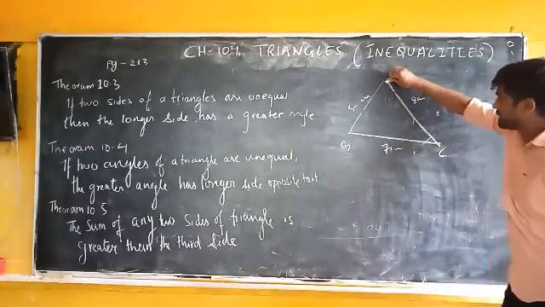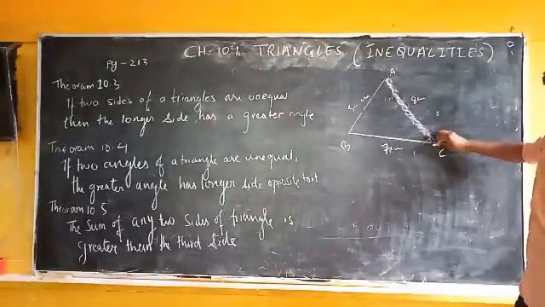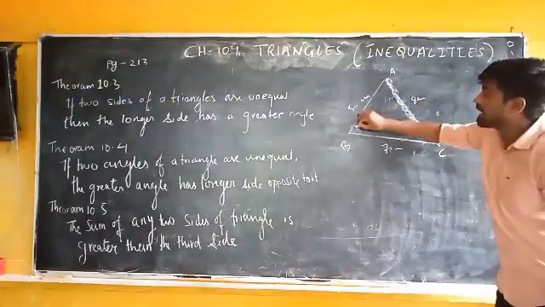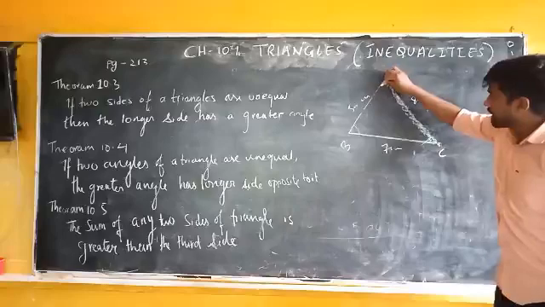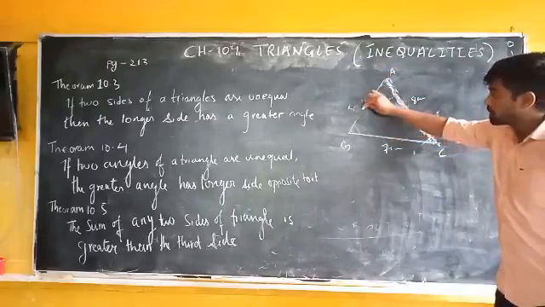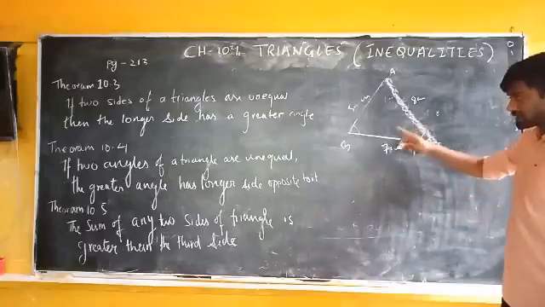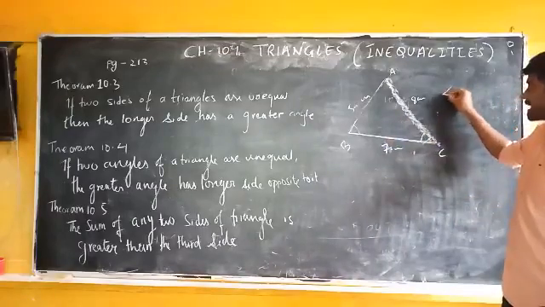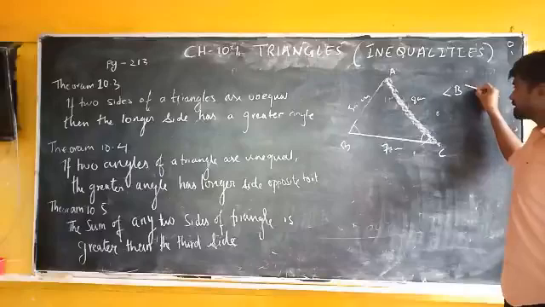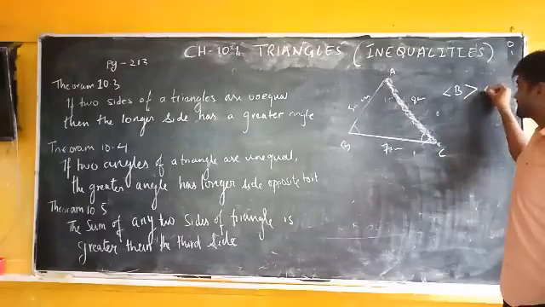This side is longer, and opposite to this side will be an angle. This side is smaller, and opposite to this side will be angle C. So what can I see from this? That angle B is greater than angle C.